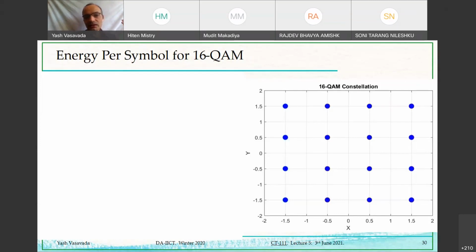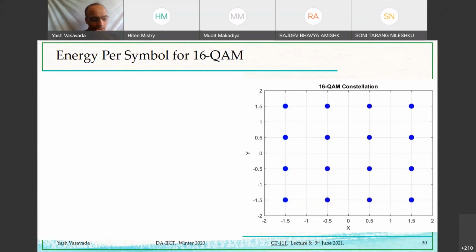Some constellation diagrams will be energy efficient in the sense that they will be able to have M different symbols whose average energy is pretty small. And some diagrams will be not as energy efficient. Their energy per symbol on an average manner will be greater.